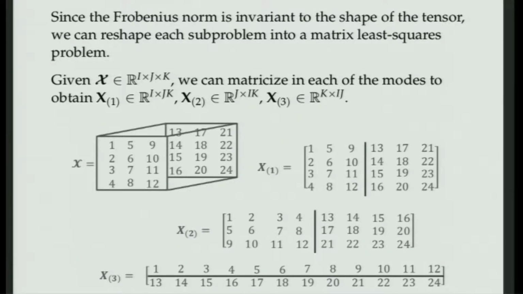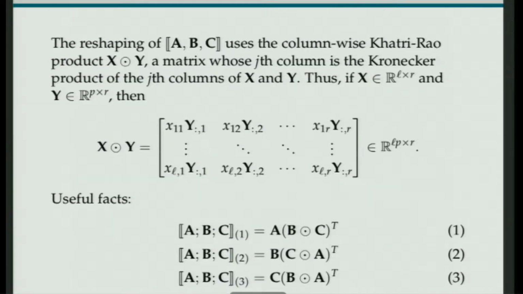So the first mode matricization you get by stacking all the columns together. The second mode you get by stacking all the rows into the columns of the matricization. And the third mode you get by taking the fibers in the third mode and making those the columns of your matricization.